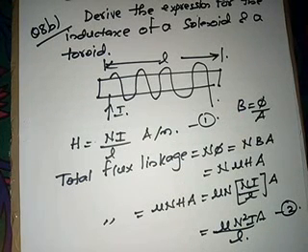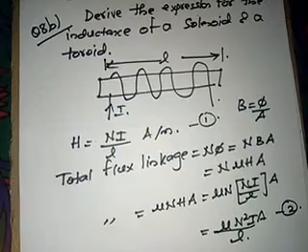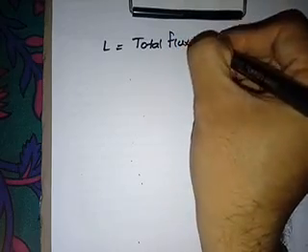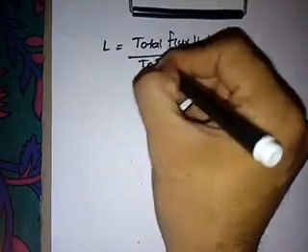So the inductance of a solenoid is given by L is equal to total flux linkage divided by total current.